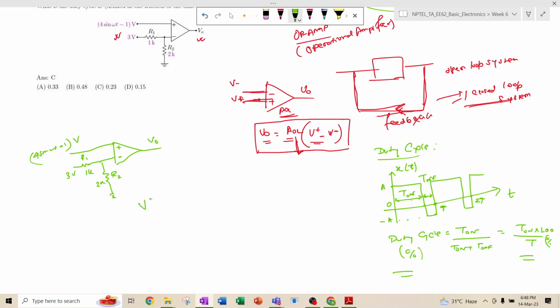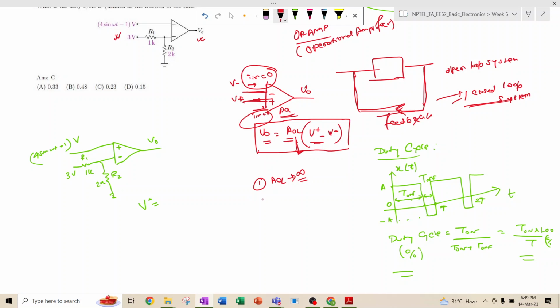Now, what is the voltage that is applied through this? In the open loop configuration you must remember that the input current to the op amp is equal to 0, because it has a very high resistance. For the open loop configuration, remember three things. First, AOL tends to infinity for the ideal op amp.